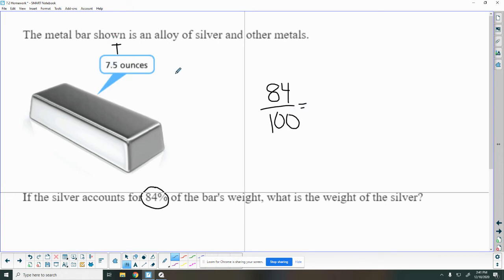And we know if I have 7.5 ounces, that's the total. That's 100% of the metal. And I want to see how many ounces the silver is. So when I multiply these and divide by 100, that will tell me how much the silver weighs in ounces.